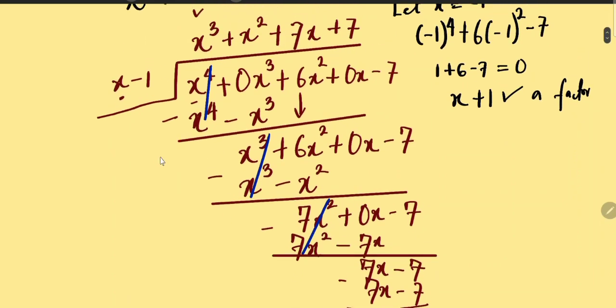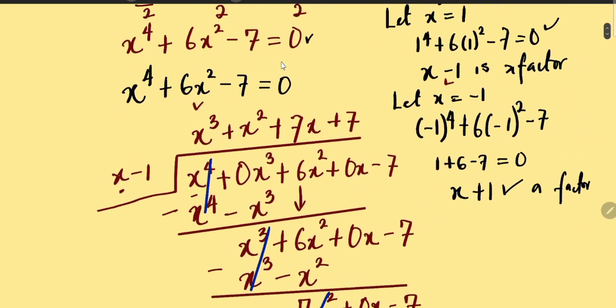So therefore it means this polynomial, let me copy it down so that we'll have it there.